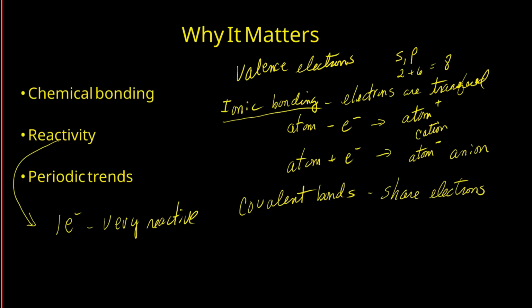Or if I have 7 electrons in the outer shell, they're also very reactive, because they both want to achieve a full outer shell. Trends depend upon the number of electrons in the outer shell. Things such as the size of the atom, its ionization energy, its electronegativity, and many other features depend upon the number of electrons located in the outer shell.